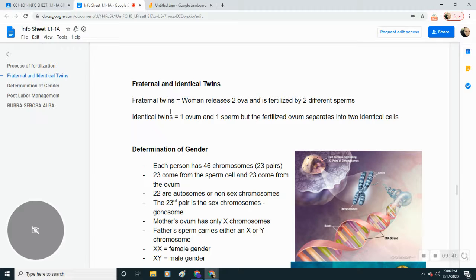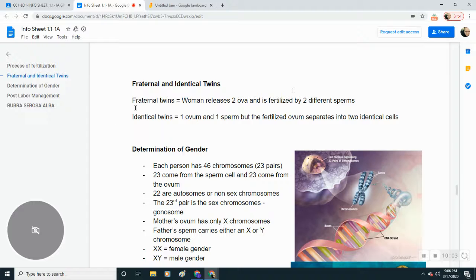Ito yung sinasabi nating the similar twins. They have the same face, the same characteristics, the same physical attributes, and sometimes, identical twins, nagkakaroon tayo ng Siamese twins, yung magkadikit.